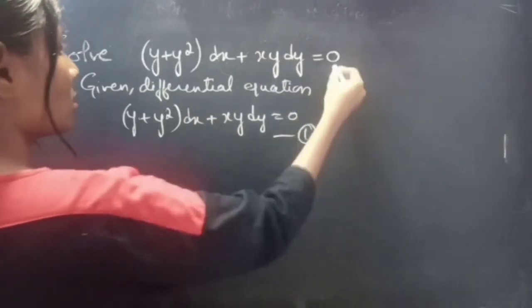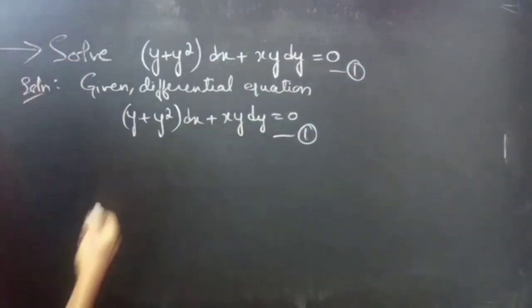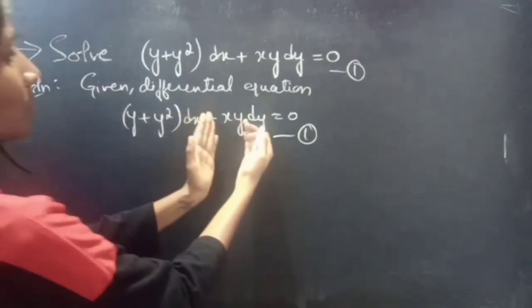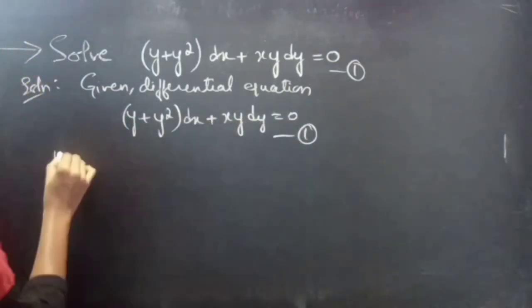Consider it as equation 1, which is in M dx + N dy = 0 form.